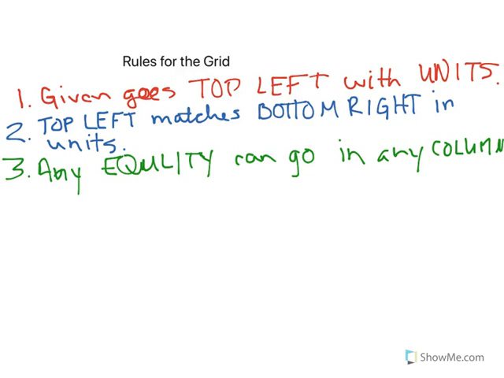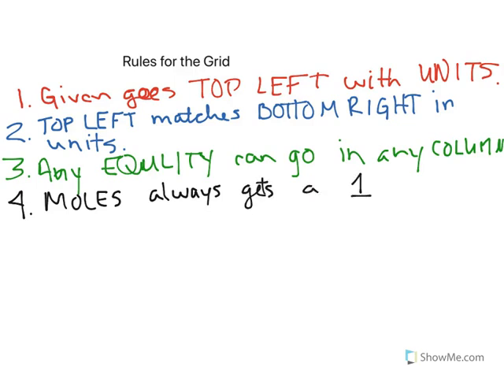The problem is I have found that kids don't always remember that. And so I came up with rules 4 and 5 to kind of help you remember where everything goes in case you forget how to use molar mass as an equality. So rule number 4 is that moles always gets a 1. And I'm going to say for now, because we are going to add an exception to that in our next unit.